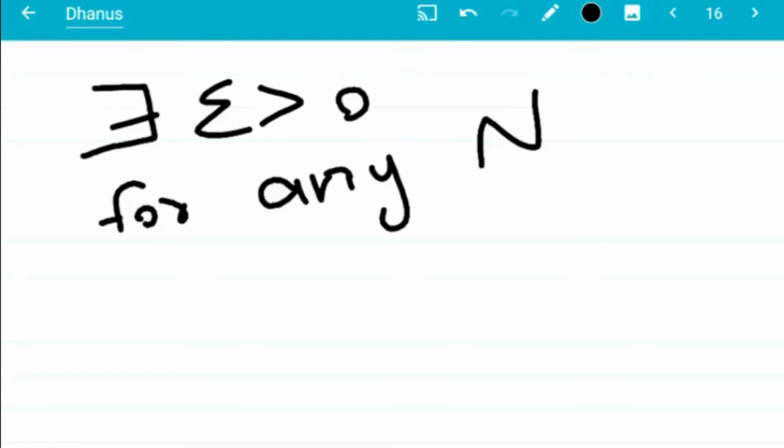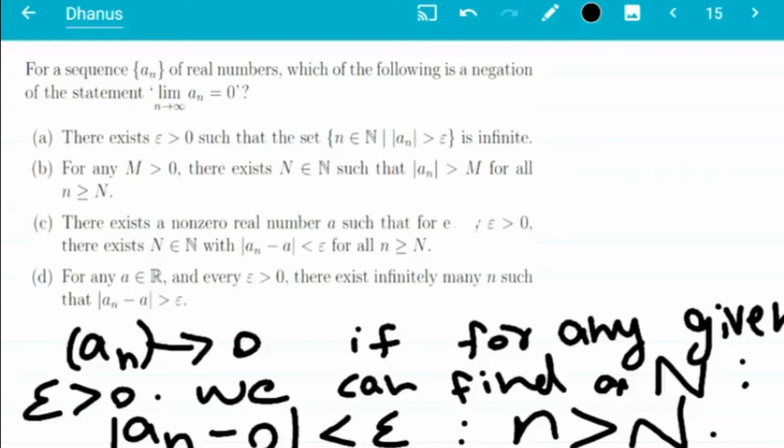mod an minus 0 will be less than epsilon, and the negation will be mod an minus 0 greater than epsilon.